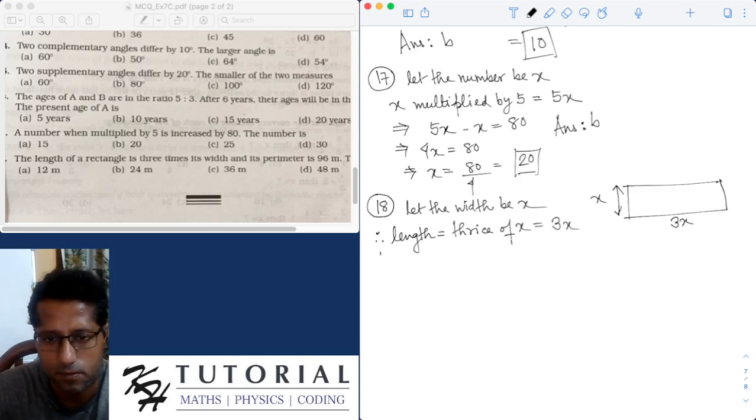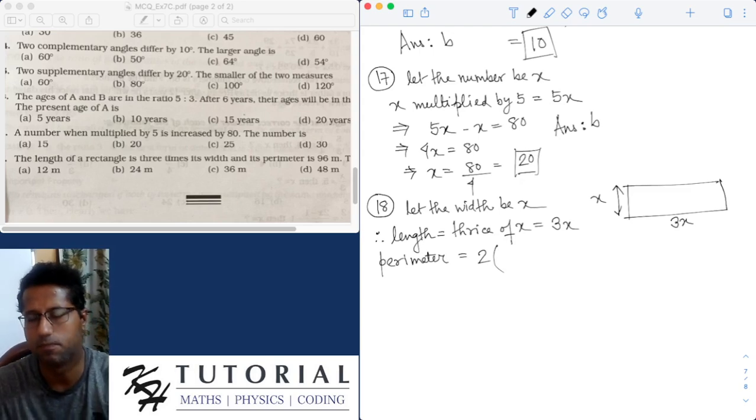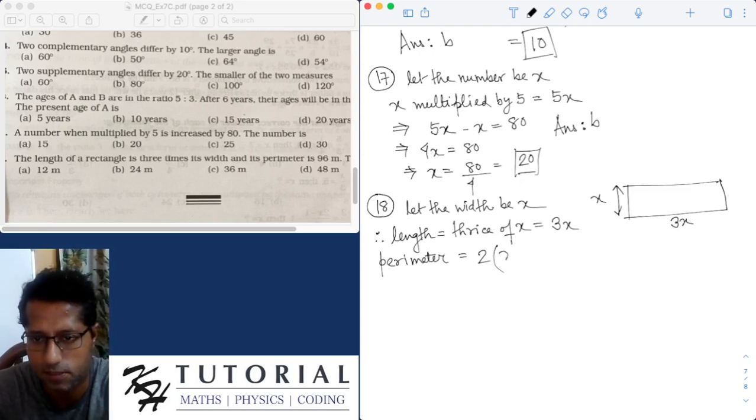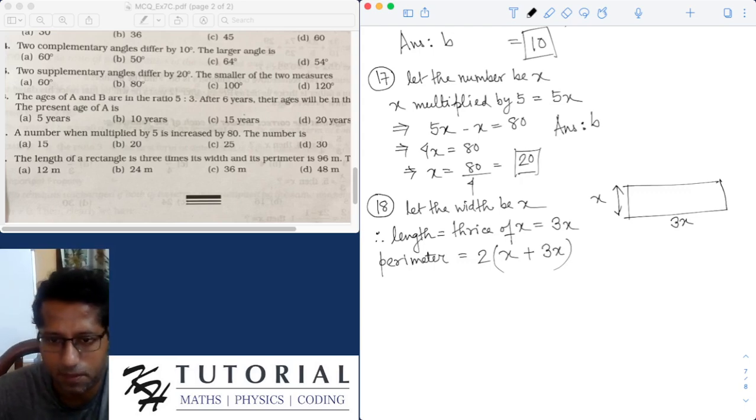Now perimeter: we know perimeter is 2 into length plus width. So width is x and the length is 3x. Now the perimeter has been given to be 96 meters.